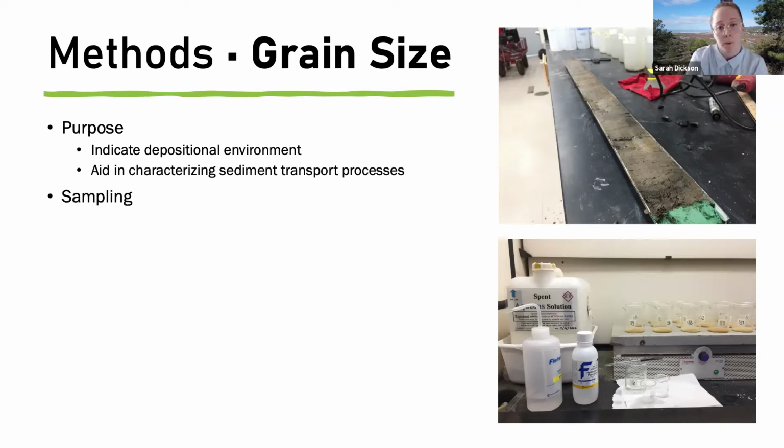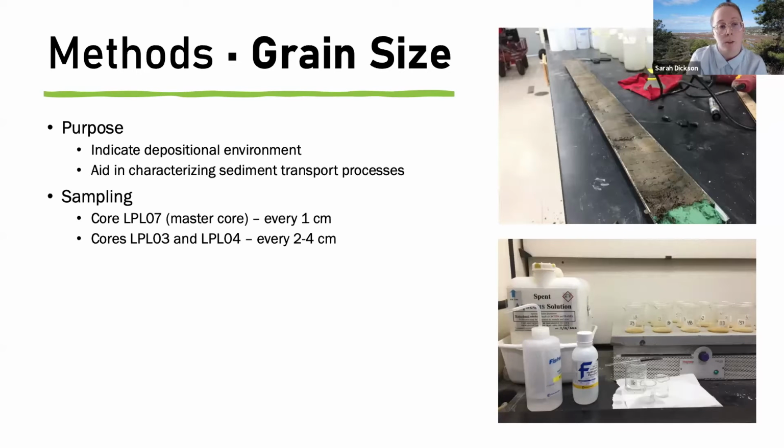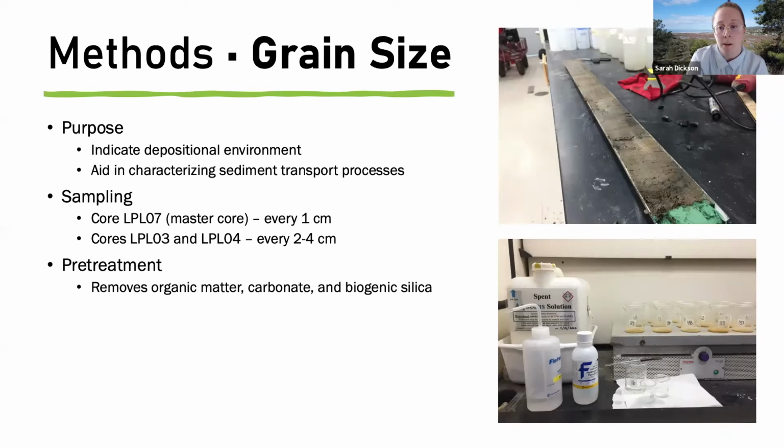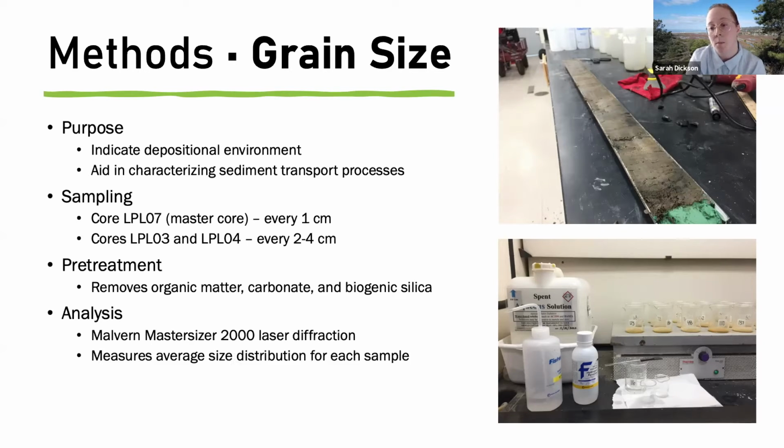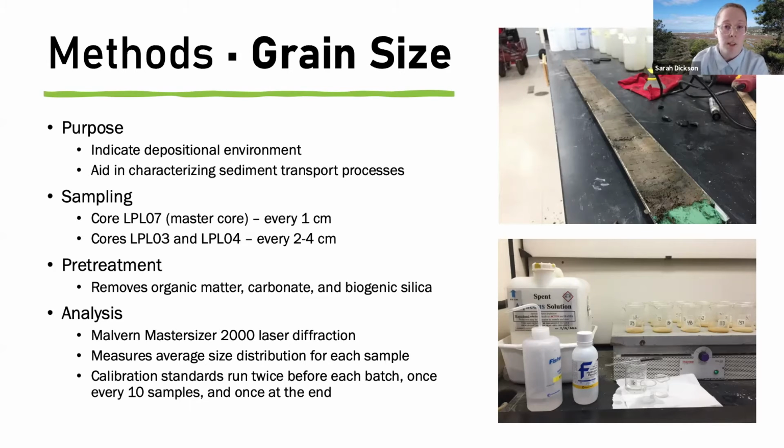Because it was our master core, core 7 was sampled every centimeter, while cores 3 and 4 were sampled every 2 to 4 centimeters. Each sample was then pre-treated to remove organic matter, carbonate, and biogenic silica. Then they were run through the Malvern Mastersizer 2000, which measures the average size distribution for each sample. Calibration standards were run twice before each batch, once every 10 samples and once at the end of a session.